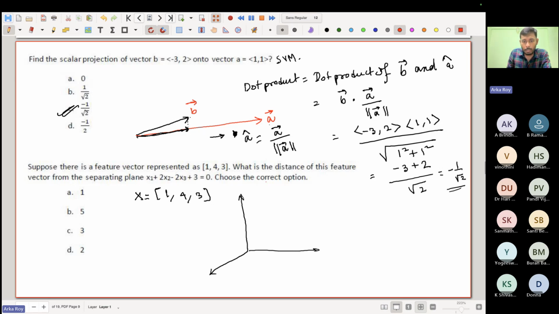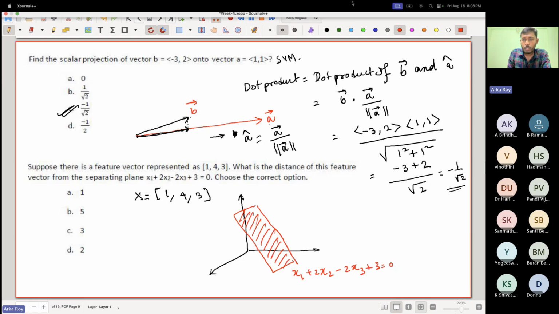This is a plane which has the equation x1 plus 2x2 minus 2x3 plus 3 equals 0. And you have a point, x equals 1, 4, 3. You have to calculate the distance of this point to this plane.